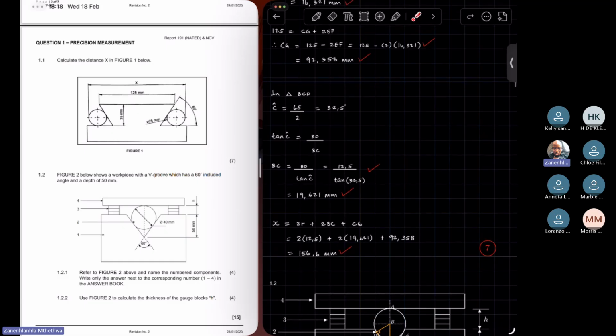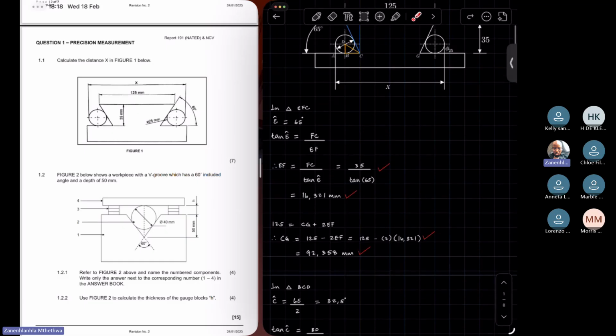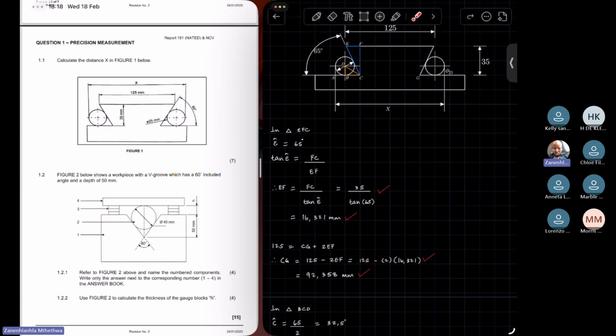Once you get BC, essentially the problem is done, because you know the expression to get the distance x will be 2 times AB. AB we've already established is the radius, so 2 times the radius plus 2 times BC plus CG.